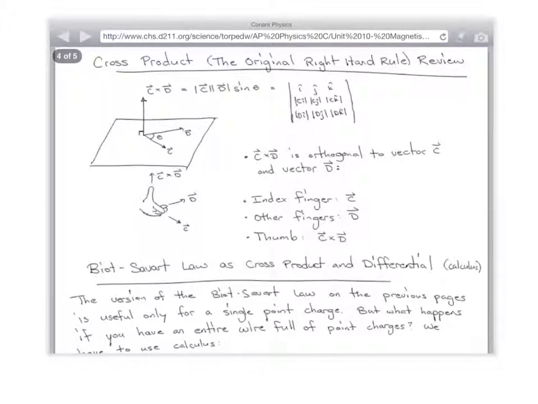We move our lower fingers in the direction of D, so it's C then D, and then our thumb points in the direction of the cross product of C and D. So what do you notice about the direction your thumb points versus the direction of these two fingers? Perpendicular to both. Always perpendicular to both. So C and D define a plane, and the cross product is the normal to that plane.